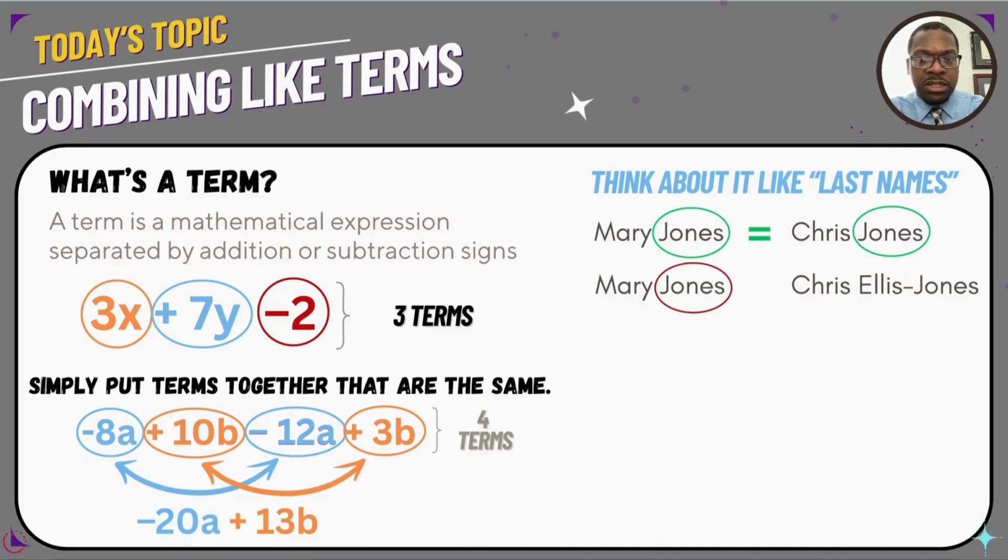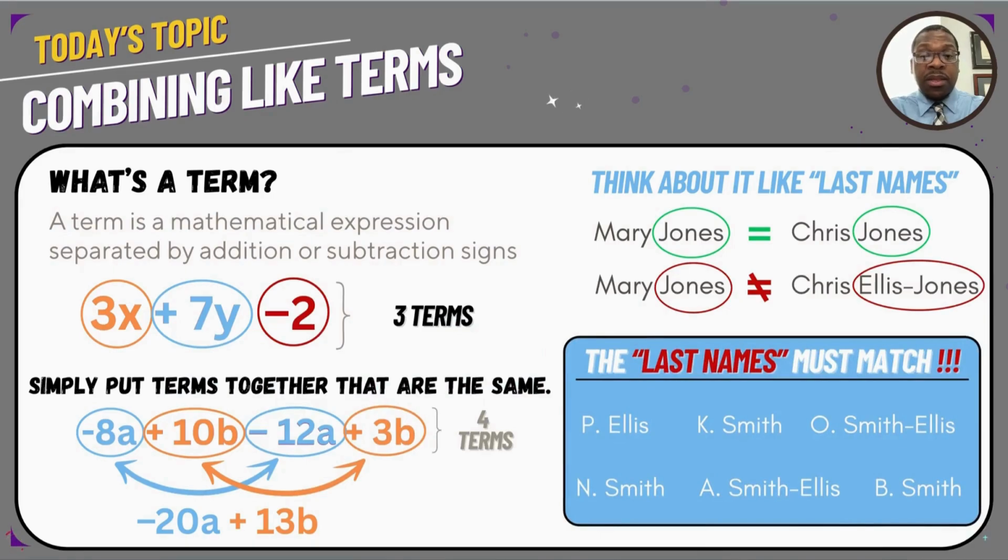So even though we see a Jones, and even though Ellis Jones has the same word, they're not exactly the same. It must match exactly. So we would not necessarily want to put those together, okay? So let's look at our example of last names that we have. The last names must match exactly.